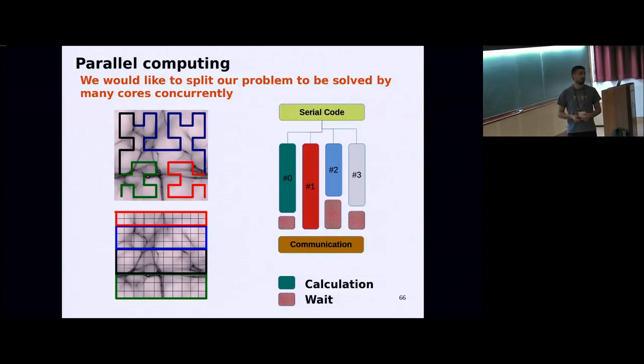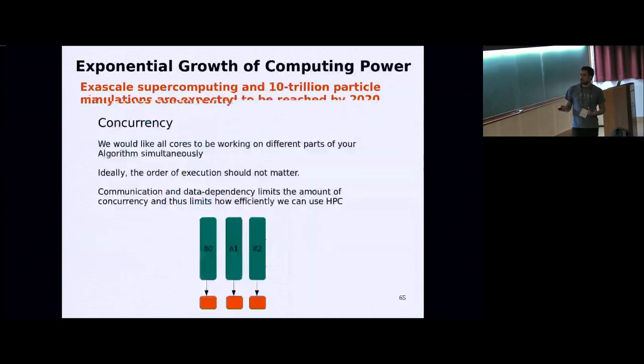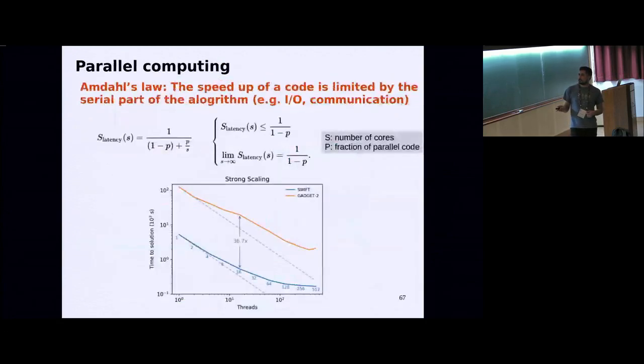That seems to be quite promising, and these people claim that they can get better scaling. The code here, Swift, the one that's blue, implements all these ideas of graph-based parallelization. And it's public; you can go to their website.